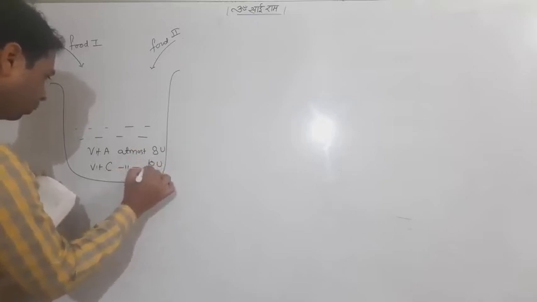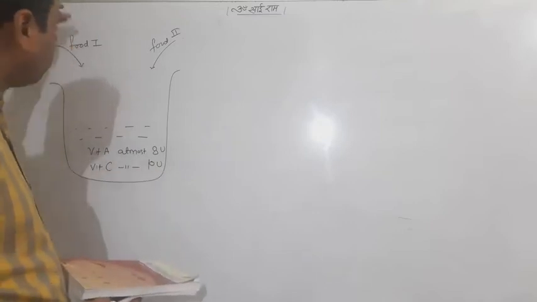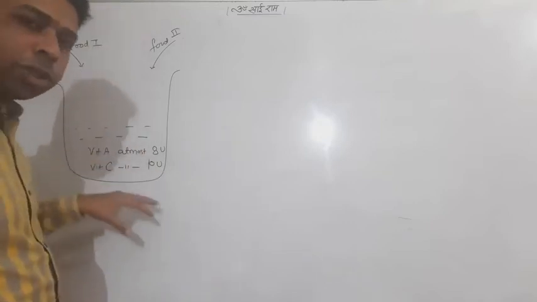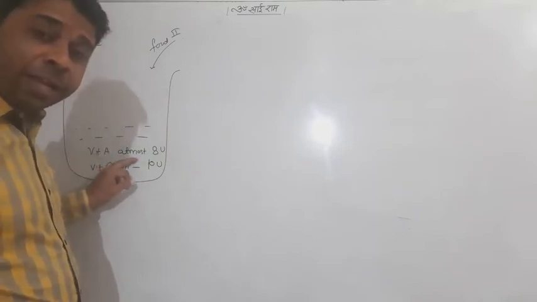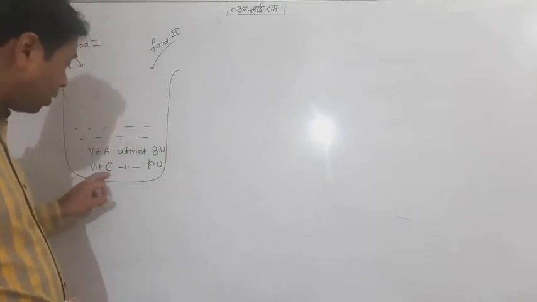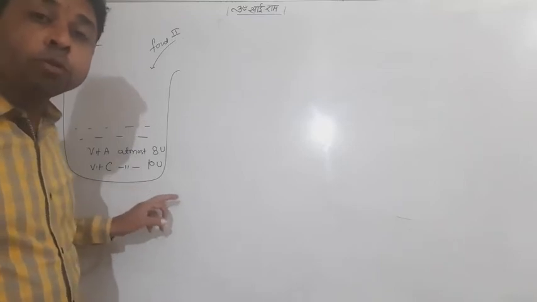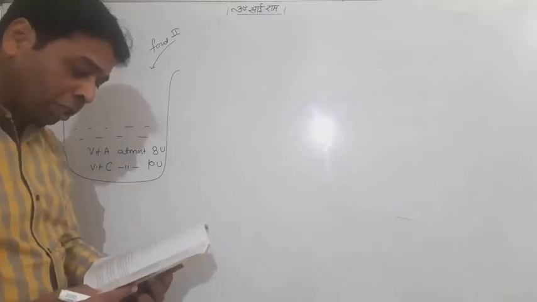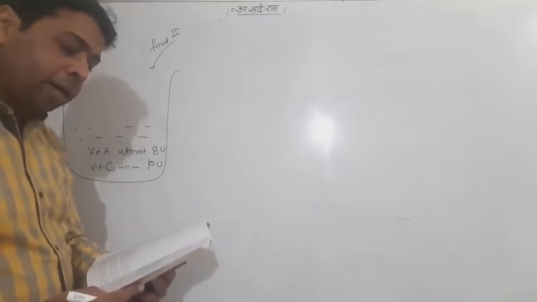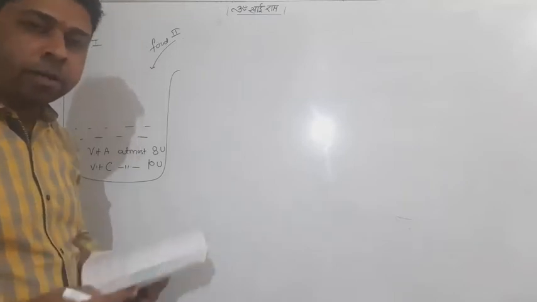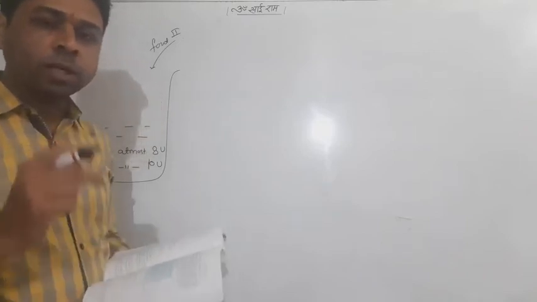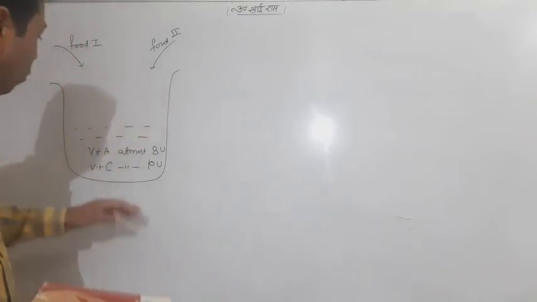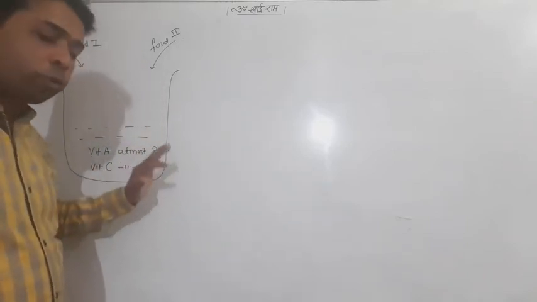When I mix food 1 and food 2, in the whole mixture I get, vitamin A has a range of at most 8 units and vitamin C has a range of at most 10 units. Yes, I changed the words at least to at most. Look, it was at least here, and I changed it to at most. Now it is at most 8 units, at most 10 units.